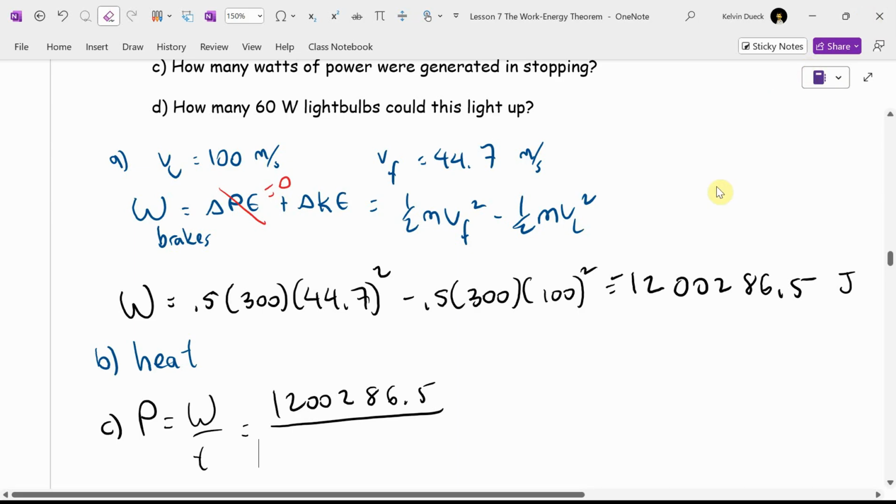What was your time? 16.3-ish. How many watts of power? So answer button divided by 16.3.